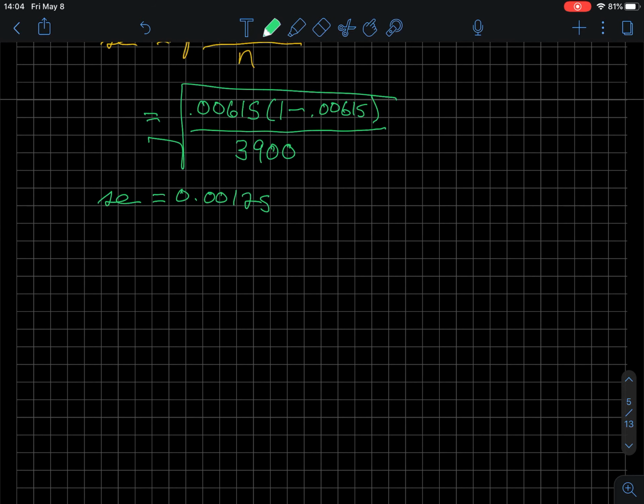Then part C asks, what is the margin of error? This is not the interval, it's just the margin of error. Very key distinction there.